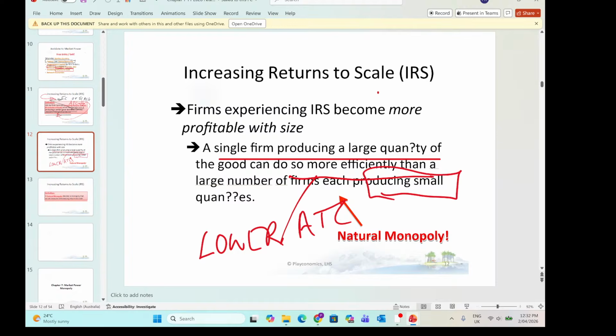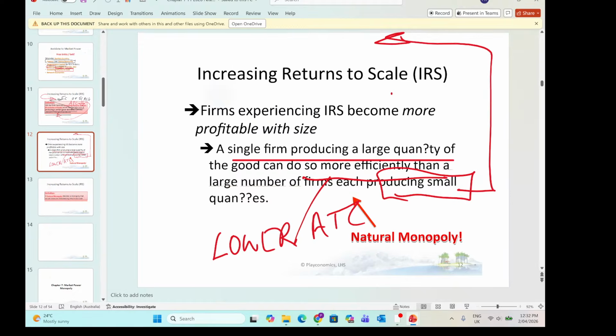Because if we have a number of small firms, these small firms don't get economies of scale, because they don't have scale.